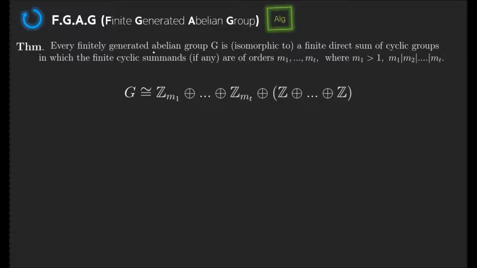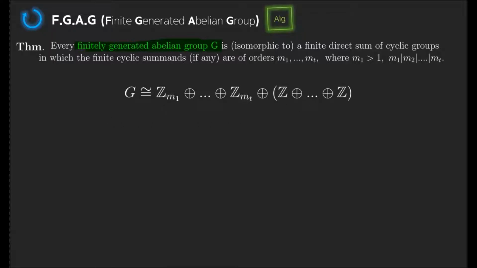Every finitely generated Abelian group is decomposed into these forms. This means the integer Z^m1 direct sum of Z_mt, and the remaining part is the direct sum of the integers.